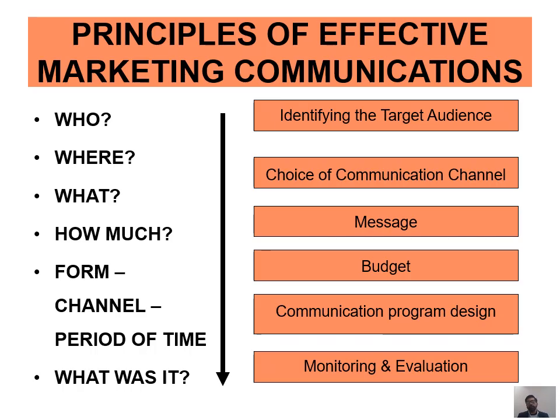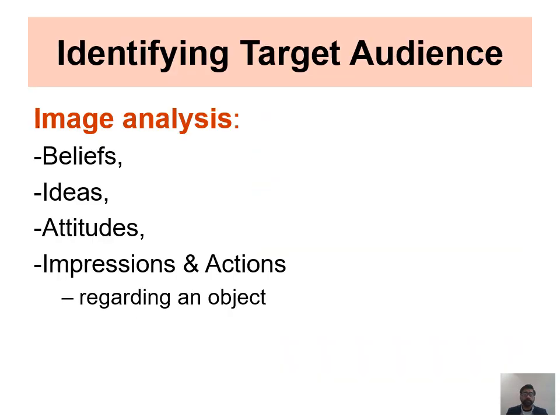And then monitoring and evaluation. Once we have rolled out the communication program, or the campaign has been started, the campaign has to be monitored and the success has to be evaluated. Because as we have been spending a lot of money in the communication campaign, we need to monitor the effectiveness or the success of the communication campaign also. Now we'll talk about identifying target audience, which is the first step. When we talk about identifying target audience, we need to go for image analysis.